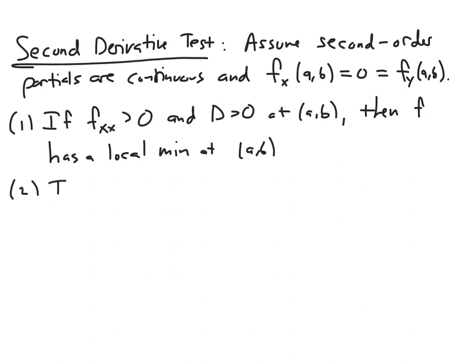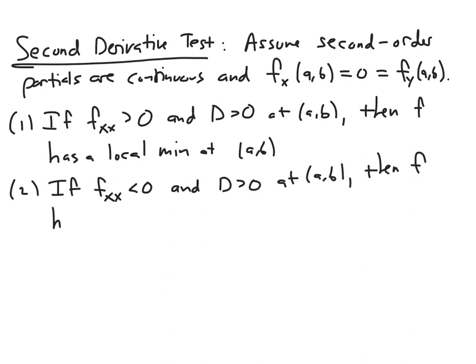On the other hand, if fxx is negative and the discriminant is positive at our point, then f has a local max at the point AB.